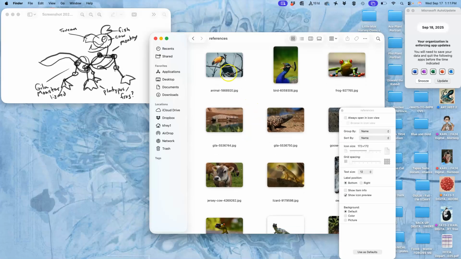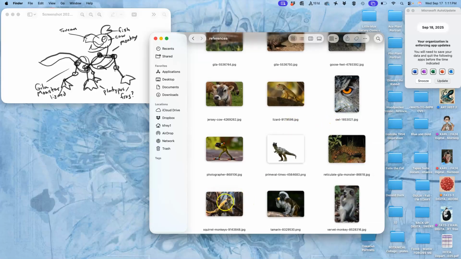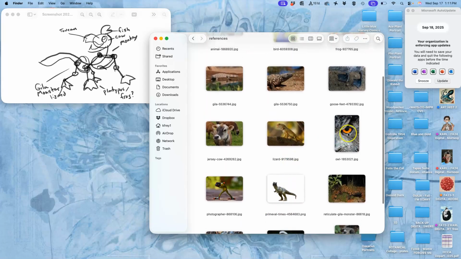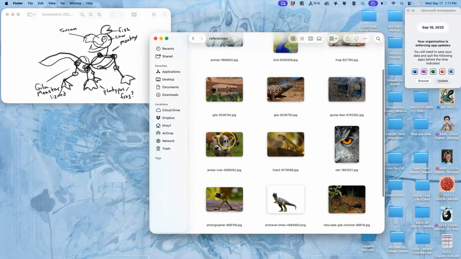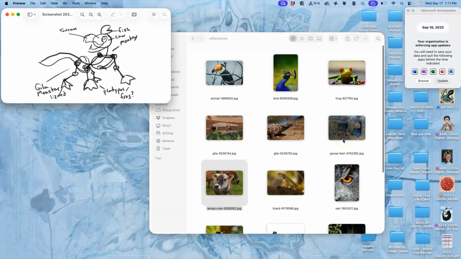So the toucans, the open mouth, the monkey body, the tail and back legs, the eyes. I found a cow, but cow eyes weren't as evocative as I wanted. They're kind of dark. So I also found a cool owl eye.